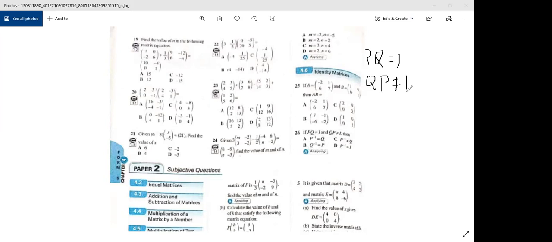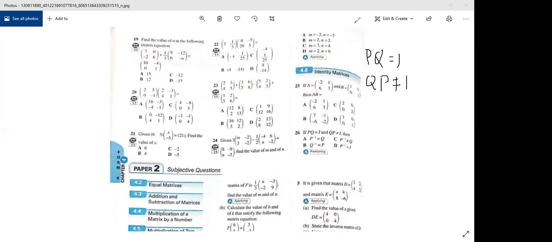This question, then, no, I think the answer is C. Let me check first.